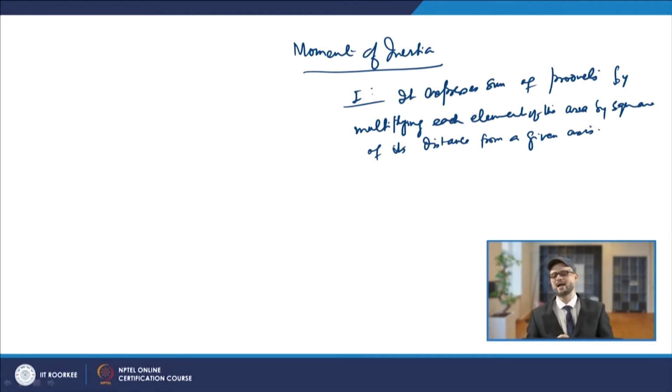You multiply each element of area with the square of the distance, so the unit is mm4. It is about the tendency towards rotation about the axis, and it is a measure of the resistance to that rotation offered by the geometry and the size of that section.